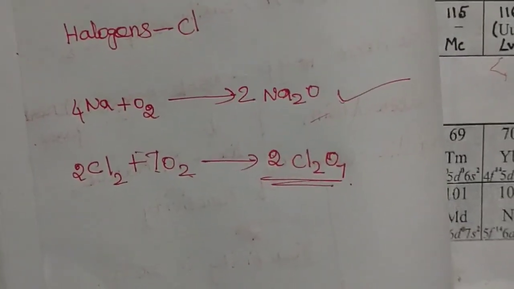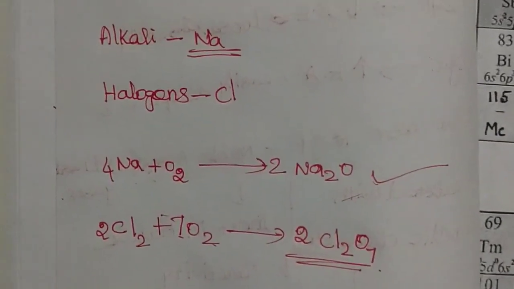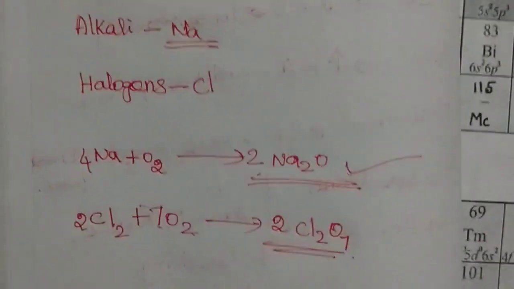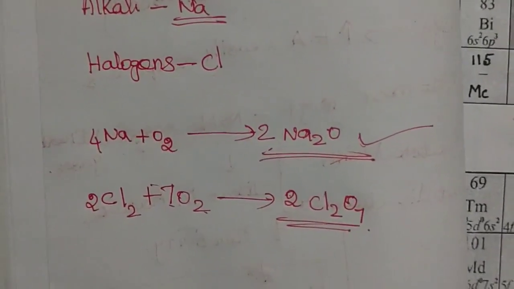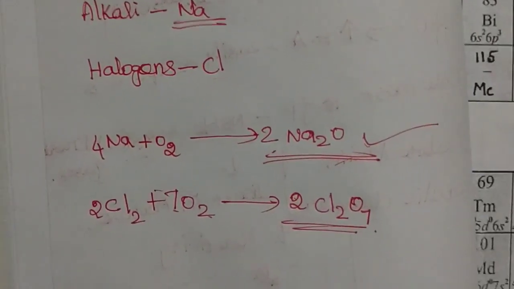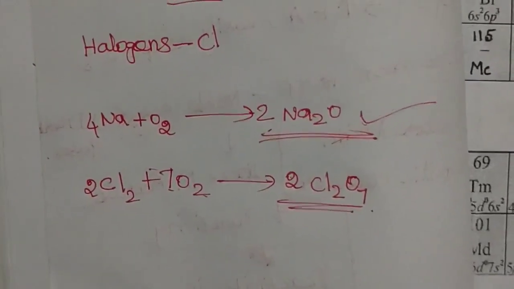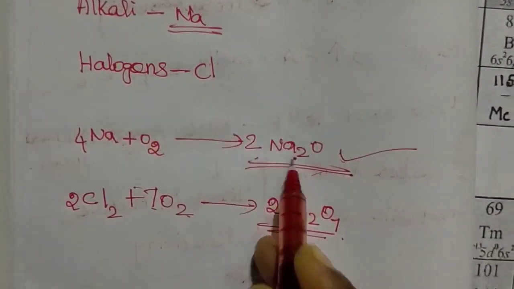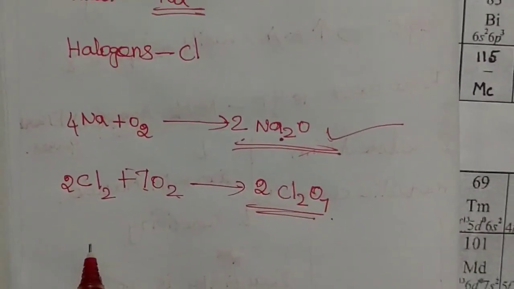Again, the product of the alkali metal reacting with oxygen, sodium oxide, is reacted with water, and it gives the strong base sodium hydroxide.